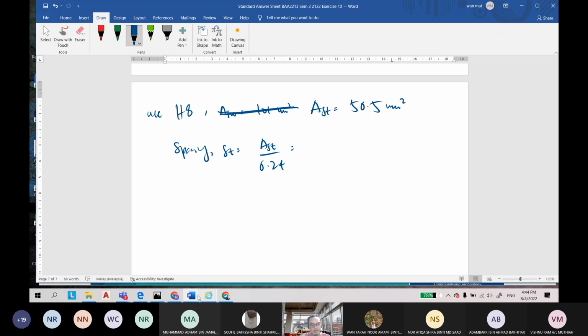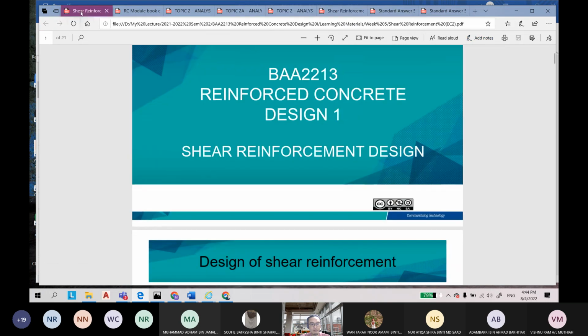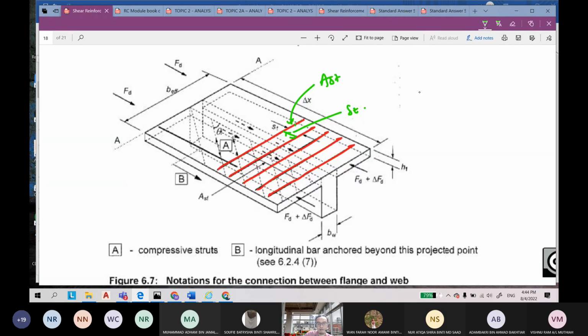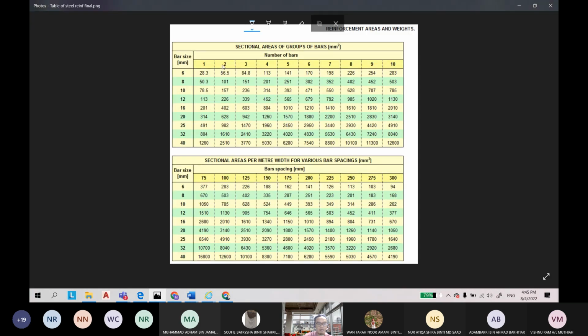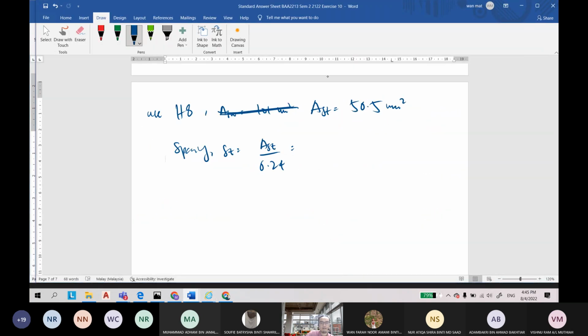We use single because this is shear reinforcement, not like in the case of link, if you still remember, where we use 2 bars based on the number of legs. They say H8 is equal to 101, but here we select only 50.3 mm square.